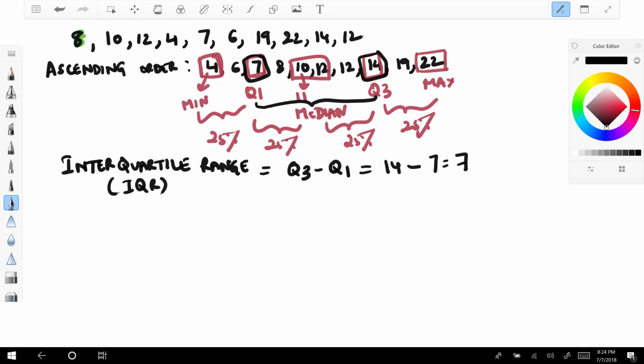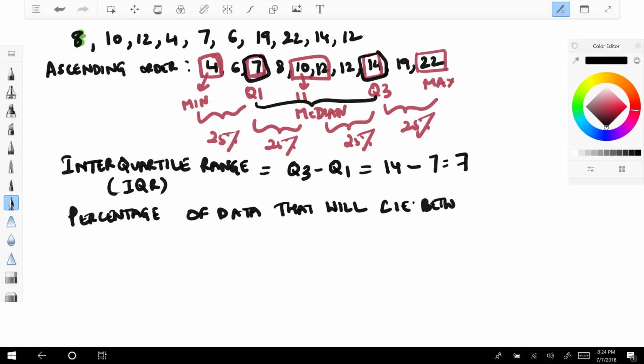The other thing is, what percentage of the data would lie between the two quartiles?